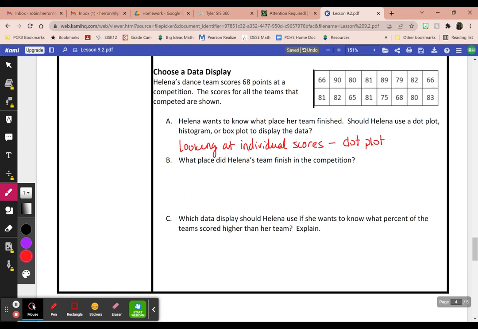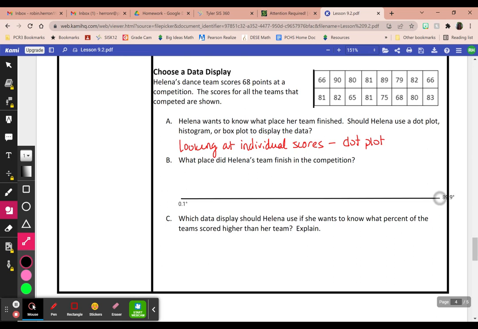What place did Helena's team finish in the competition? Well, in order to do that, we have to actually make a dot plot. So you would need to draw your number line. I'm going to let you guys do this part. The number line would have to be everything greatest to least that you have in your data values.